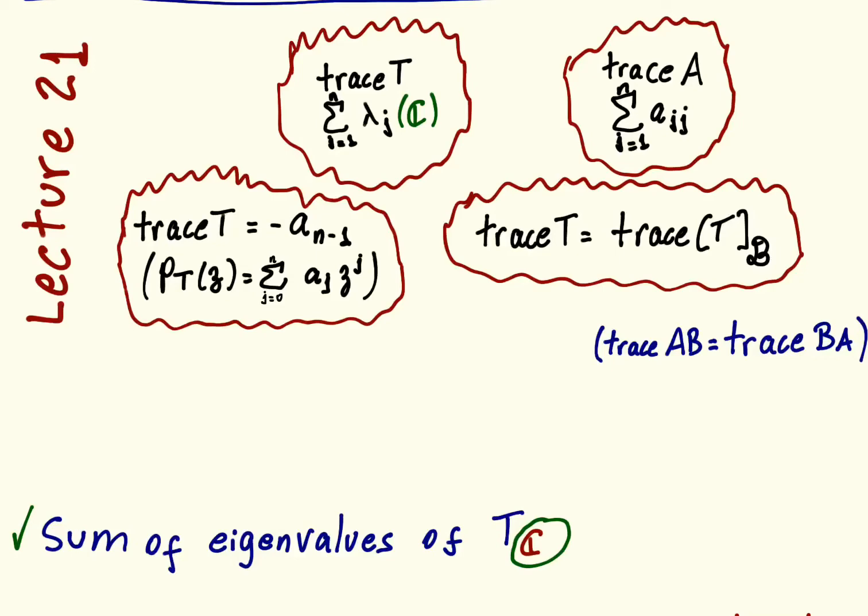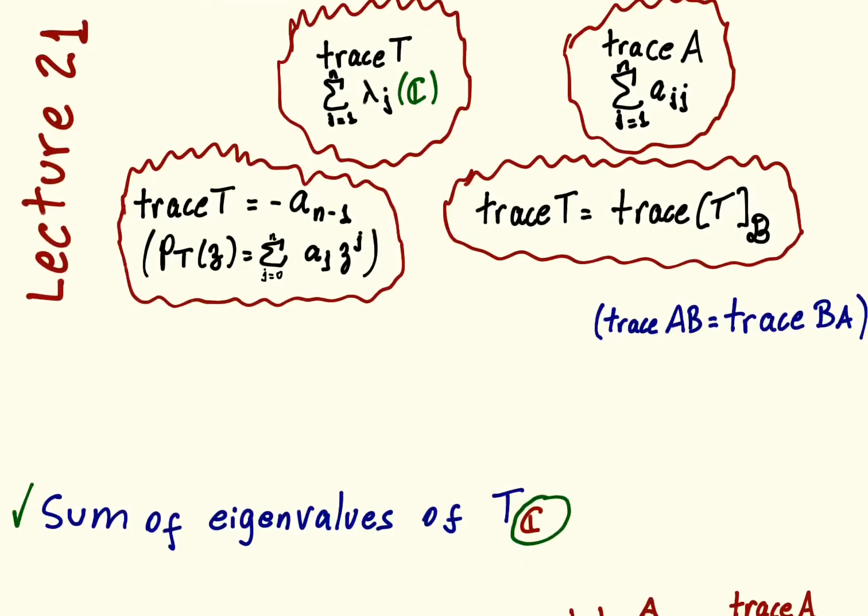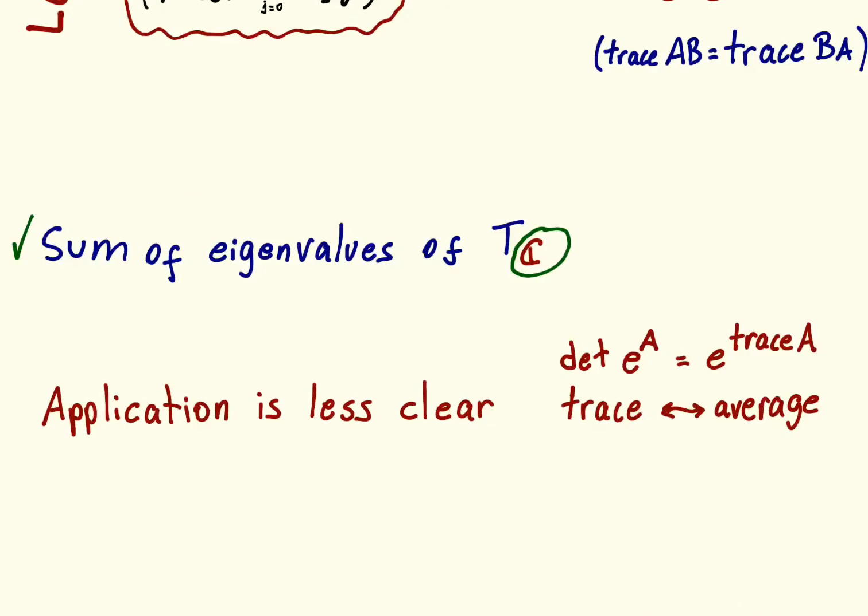Another point I'd like to stress is that at this point the applications or practical uses of the trace, or even theoretical uses of this concept, are less clear. Let me just mention that the trace is related to taking an average in some sense. In which sense?